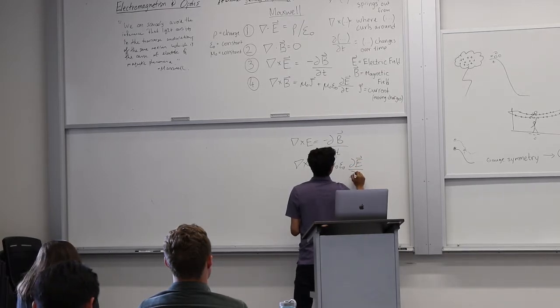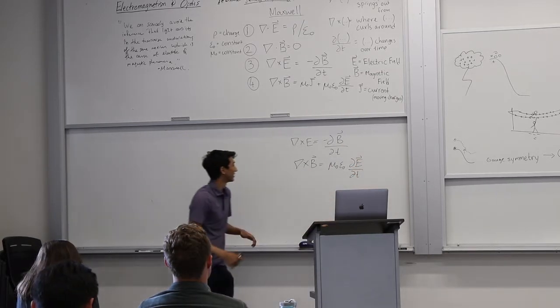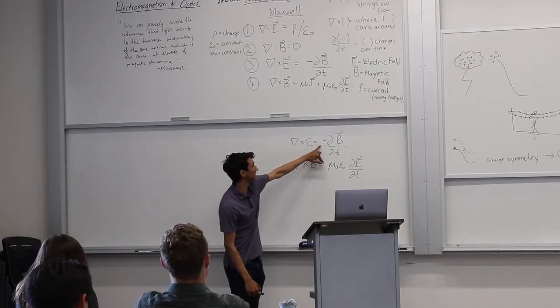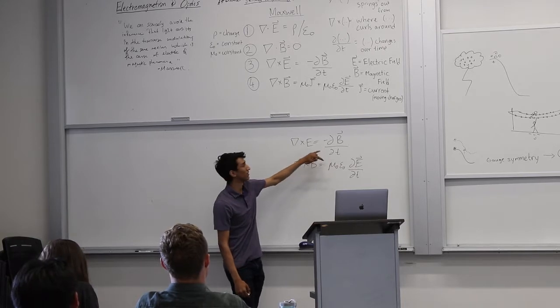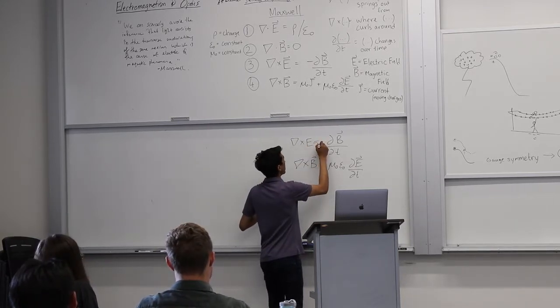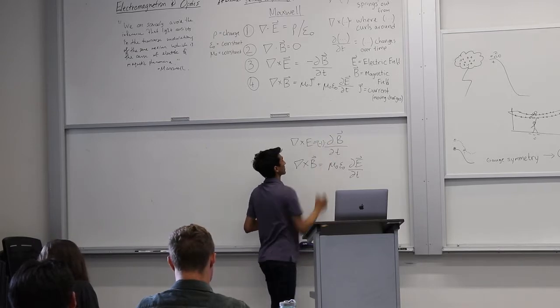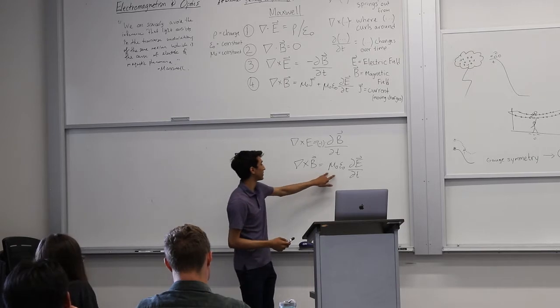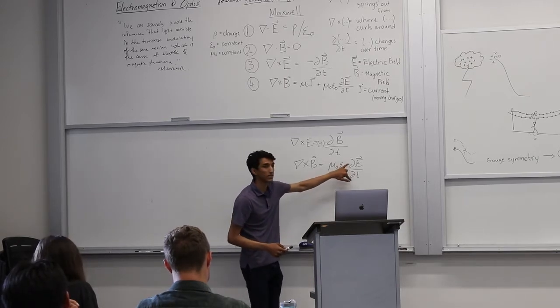Okay, so the only differences between these equations are in the constants. You can think about this negative sign as being a -1 times this, and you can think about this as being these two random constants times this.